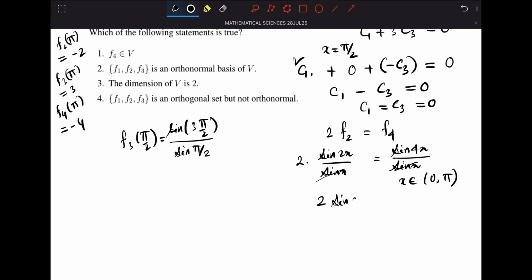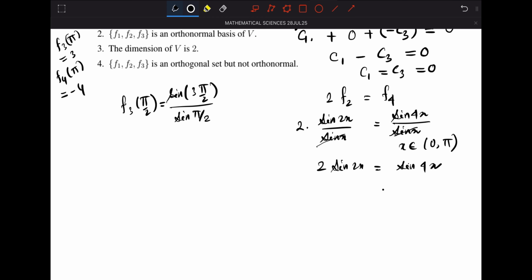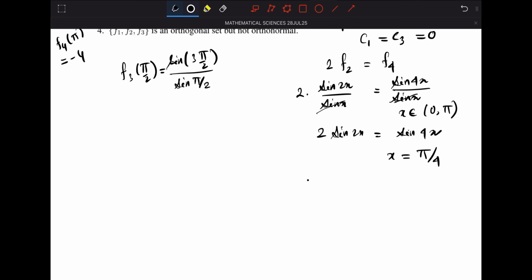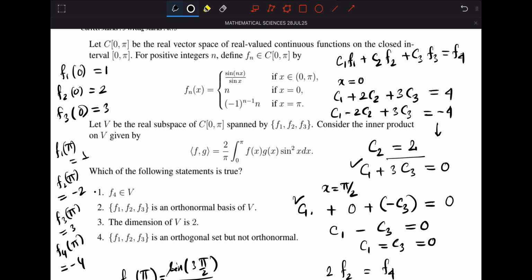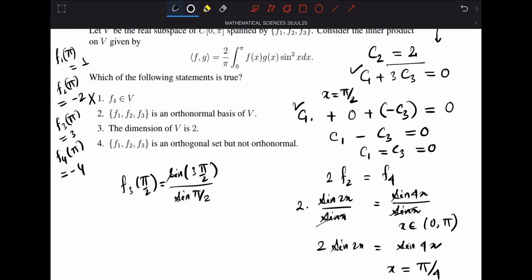So 2 sine 2x equals sine 4x. Now just evaluate at x equal to pi by 4. Then 2 times sine pi by 2 is 2, while sine pi is 0, and this is not possible. So that means f4 is not inside V, so this option is wrong.